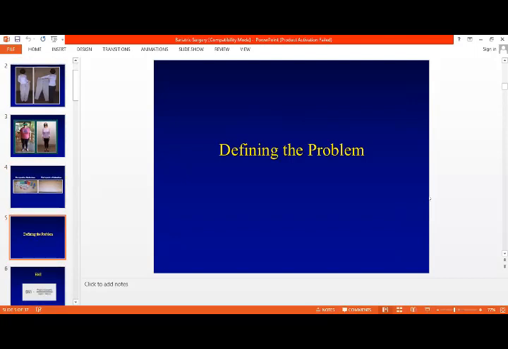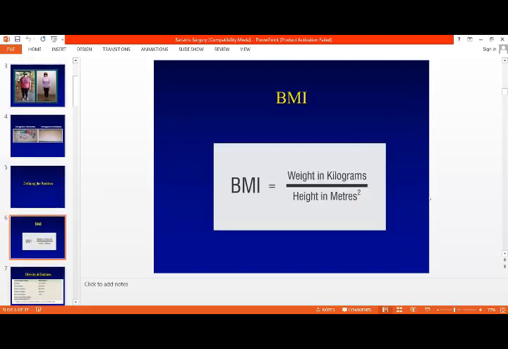What is the definition of obesity? The scientific definition depends upon the BMI. BMI, as you all know, is body mass index. The formula of BMI is your weight in kilograms divided by your height in meters squared.